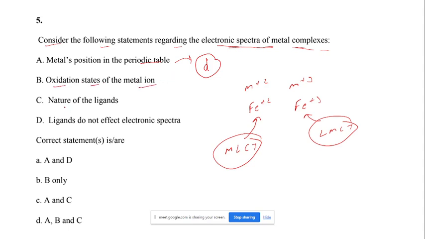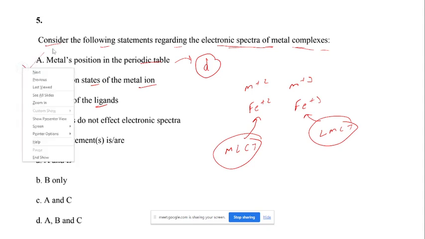Then third is the nature of the ligand. Obviously, if the ligand is different, then different phenomena will occur. If it is a strong ligand, then it can give electrons to the metal; otherwise it will not be possible, and then it will not give color. So there are different things which can affect this transition. So this is correct, and these three points are correct.